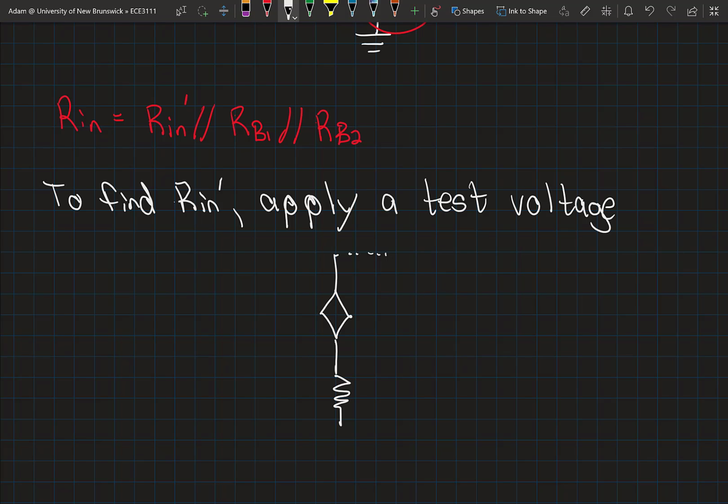So just drawing a section of my T model here again. What I'm hoping to find is the resistance looking in directly into the base.